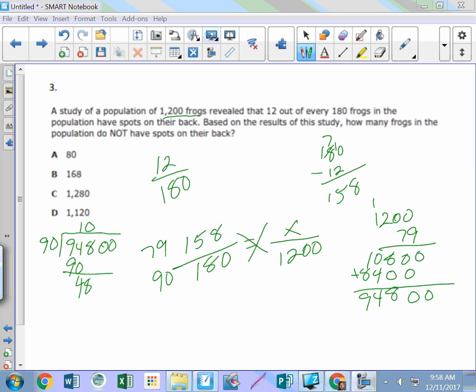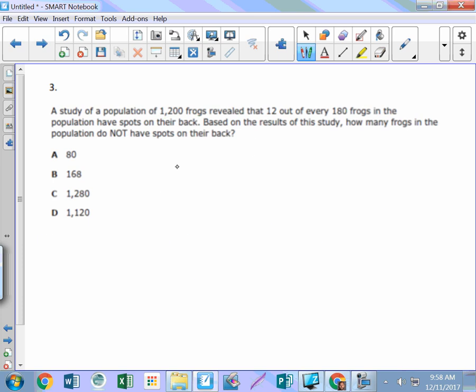Alright, so I'll see what I did wrong. This is 168 out of 180, not 158. So now we set our proportion up. 1,200 frogs, cross multiply.